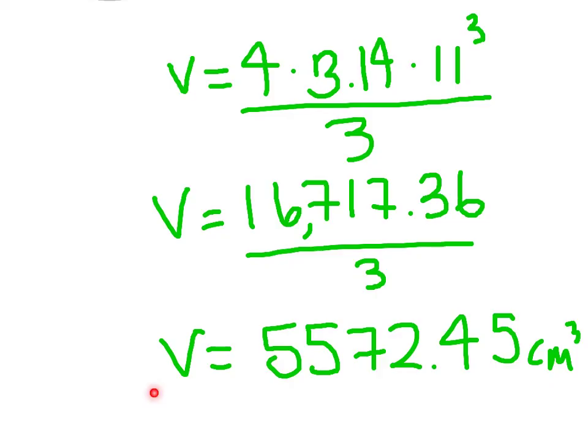So it's really important that you label your answer. If you have any questions on how to cube a number or use your exponent key in your calculator, see your teacher. There's a shortcut key in your calculator so you don't have to do 11 times 11 times 11.